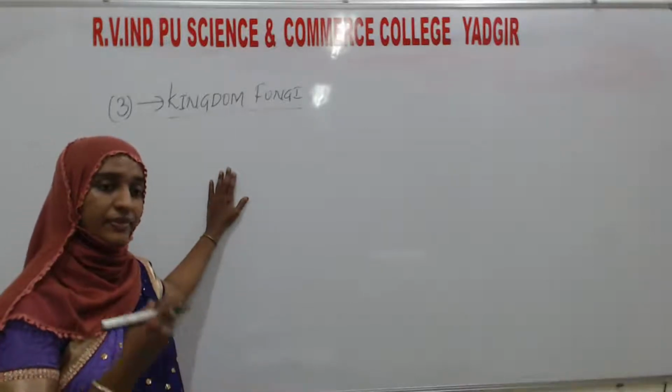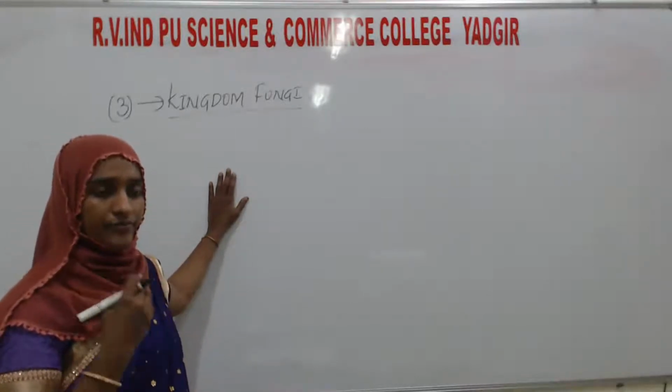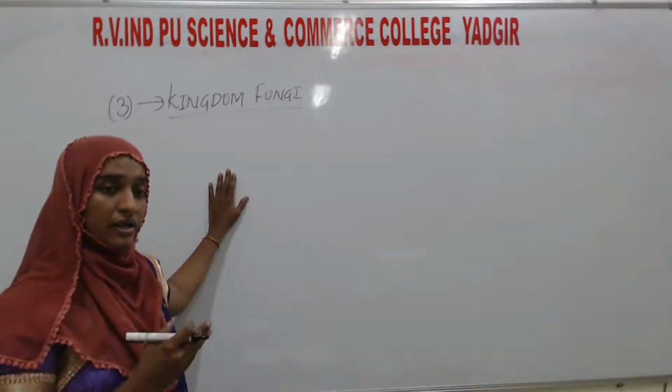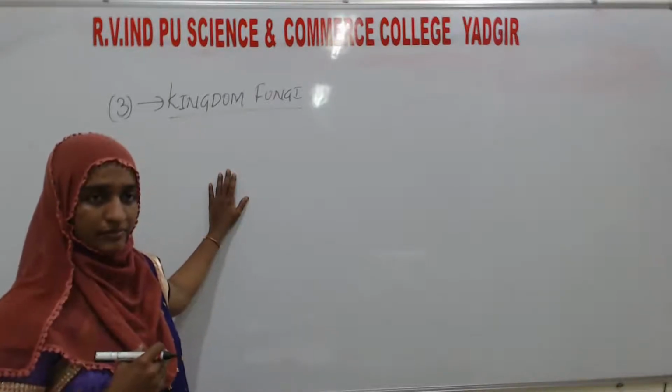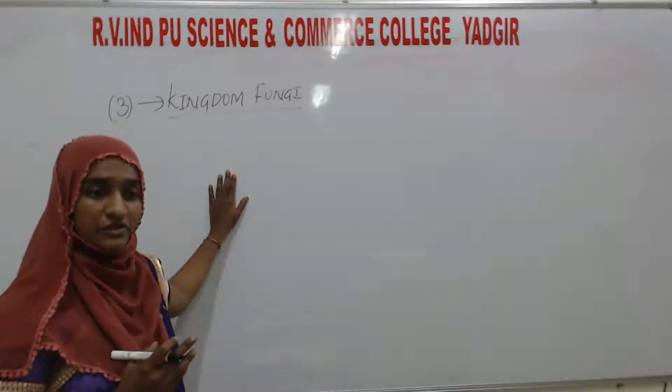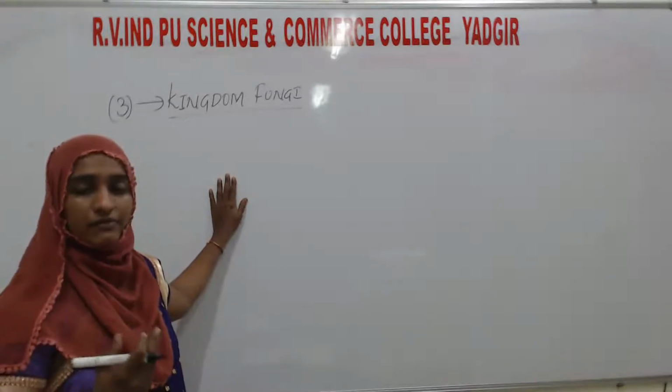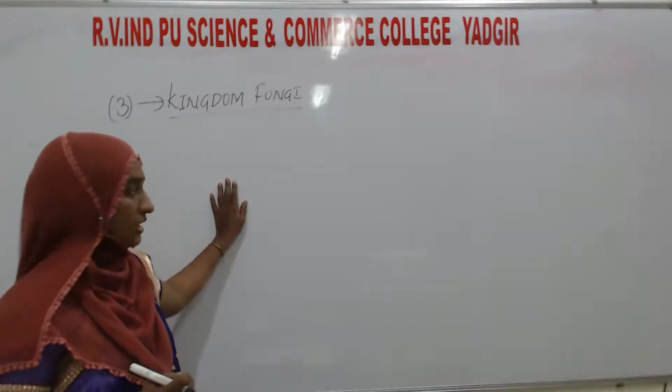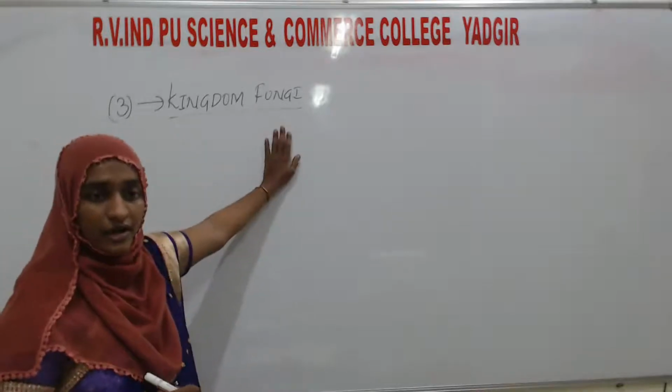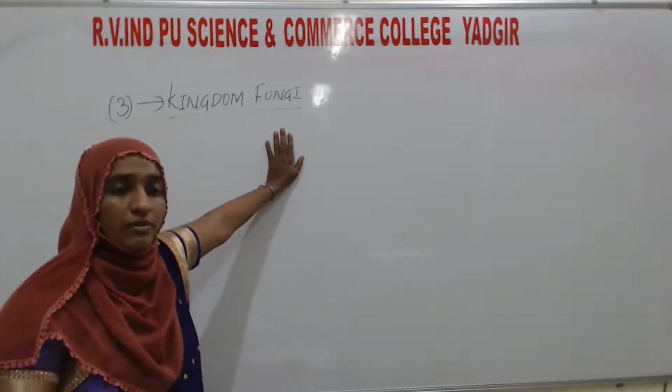Protists are eukaryotic unicellular organisms. In some of them there will be a cell wall, and in some of them there will be an absence of cell wall. But in kingdom fungi, first of all, what do you mean by fungi?